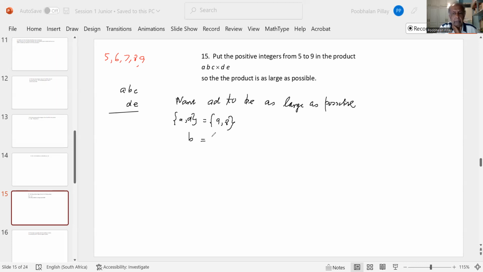B has to be 7, because anything smaller, if you put 5 or 6 here for B, you're going to get a smaller product. So the largest possible product will occur when B is 7.